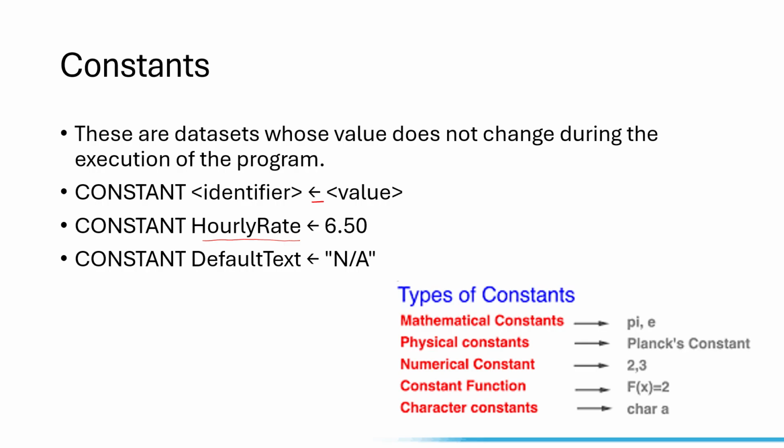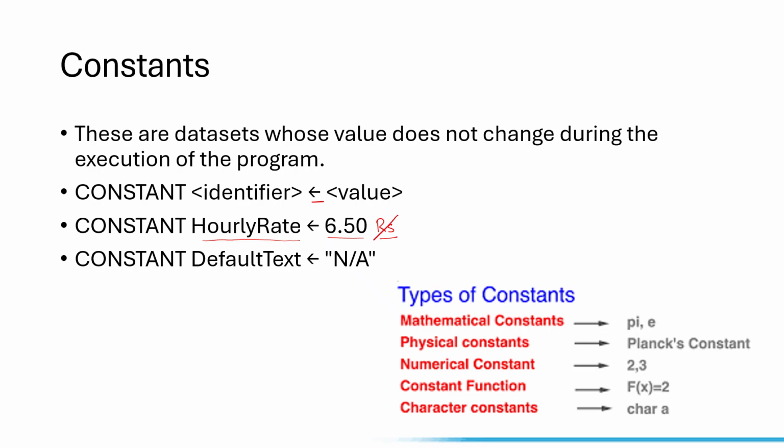You don't write rupees here because then it will change the type of this constant. This will go in the alphabetical type, in textual type, and this will go in the numeric type. So we will go into these details a little further, but right now just keep in mind that without using the units, you are just focused on the values instead.